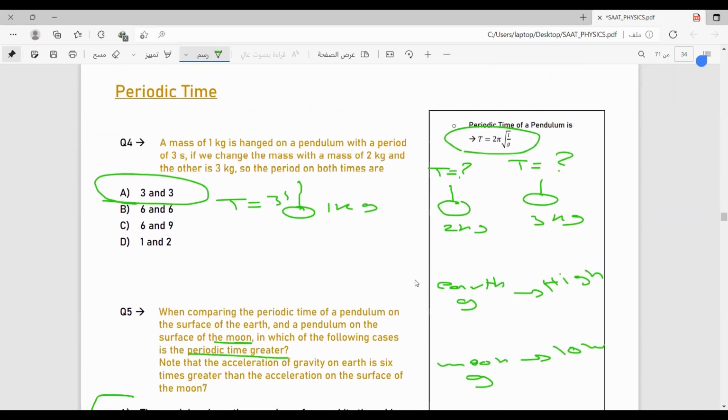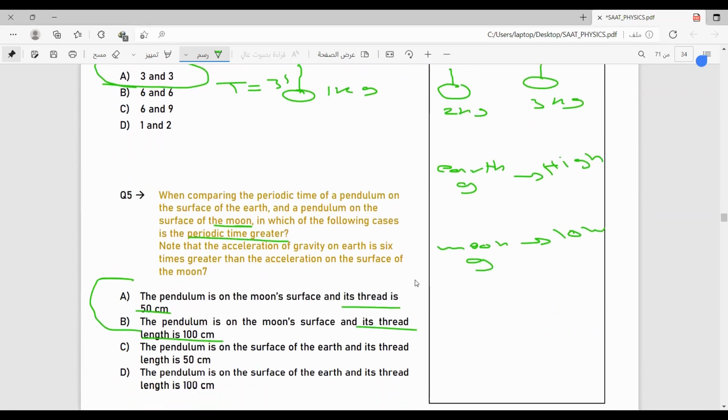Because in this relation, if L, the thread length, is high, the T will be high. So if we compare both options, 50 and 100, we want the longer one, which is 100. So this absolutely will be the bigger one in terms of periodic time. Okay, so the answer is B now. Clear all?